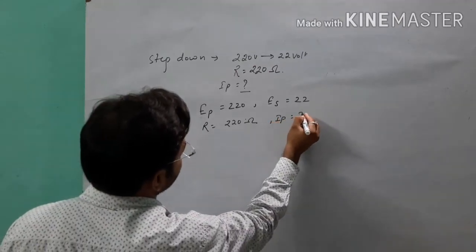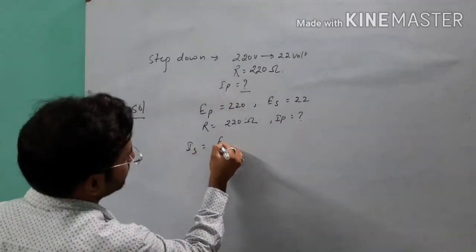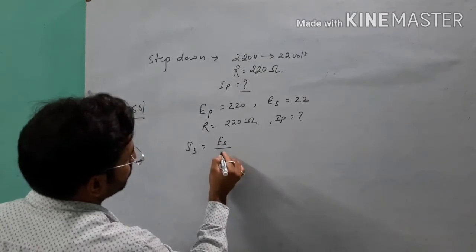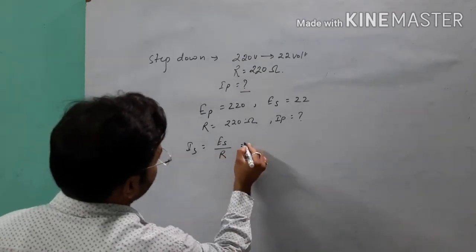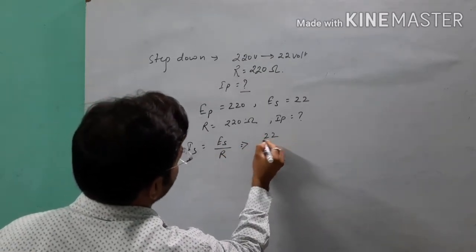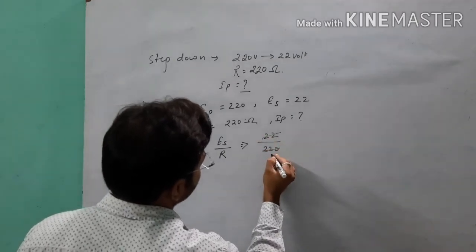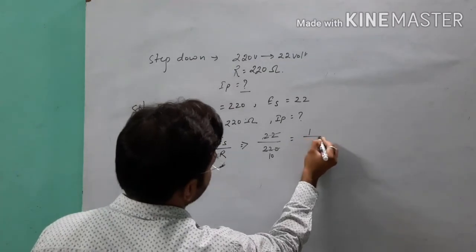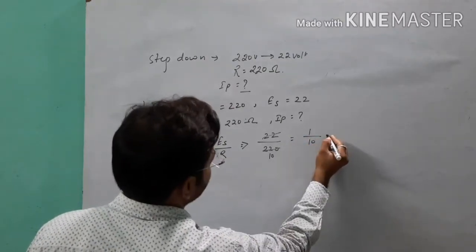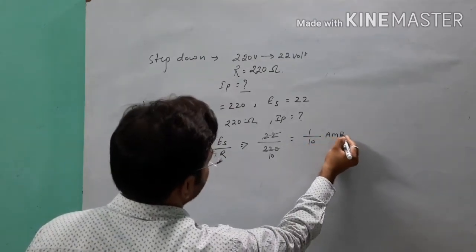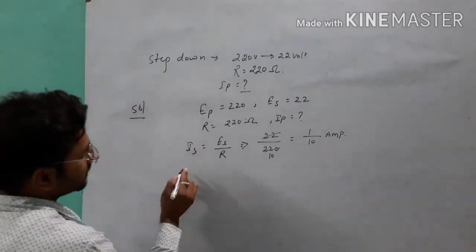Ip is the question mark. Is is equal to Es over R. Es we have given 22 over R, 220, so 1 over 10. 1 over 10 ampere is the value of Is.